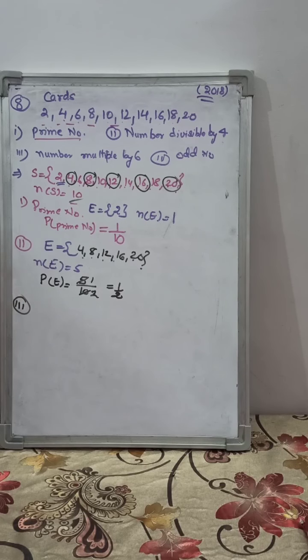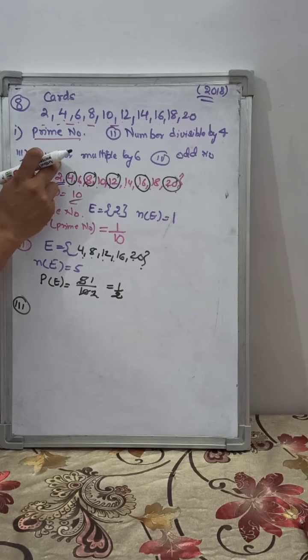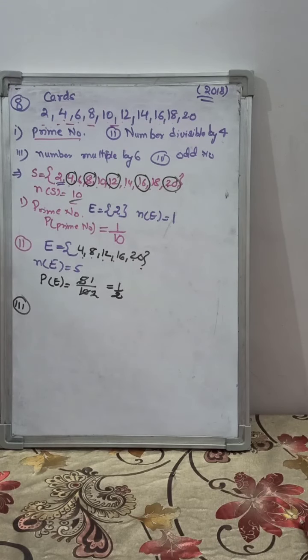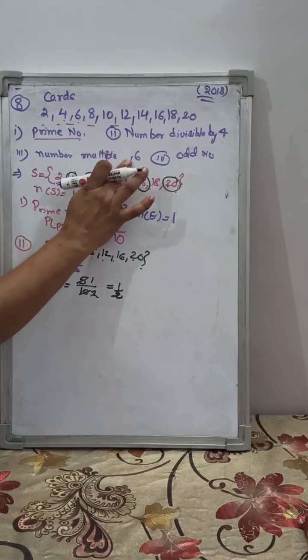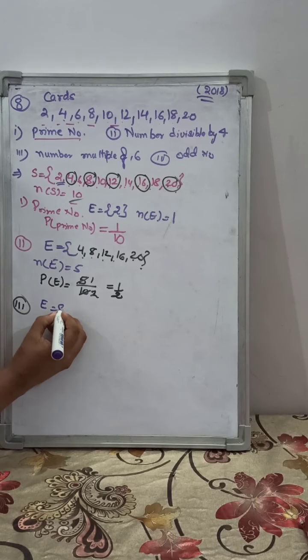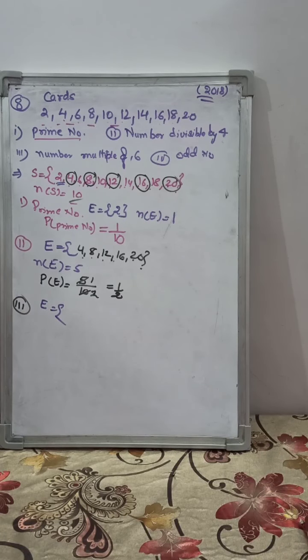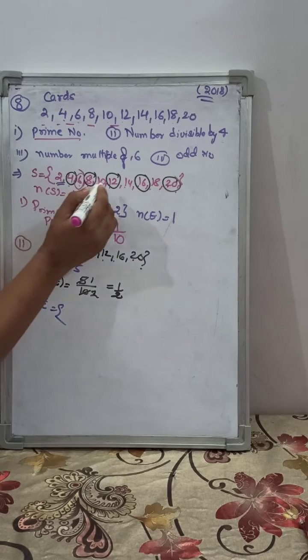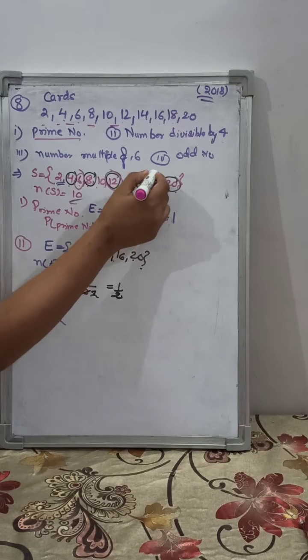Now the third part. The third part is saying that you have to find out the probability that the number is a multiple of 6. So we have to take the multiples of 6. Let's see. You will take 6, 12, 18.